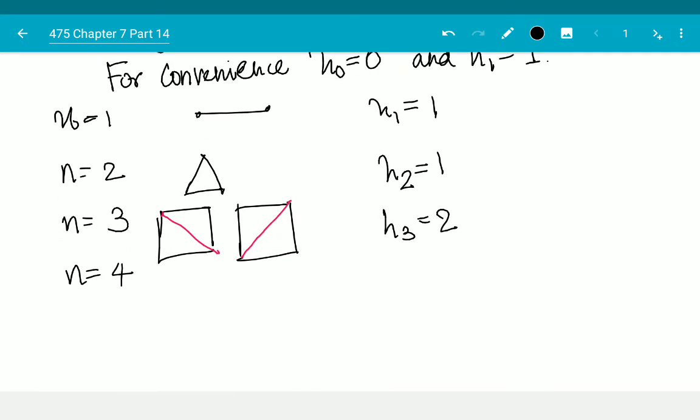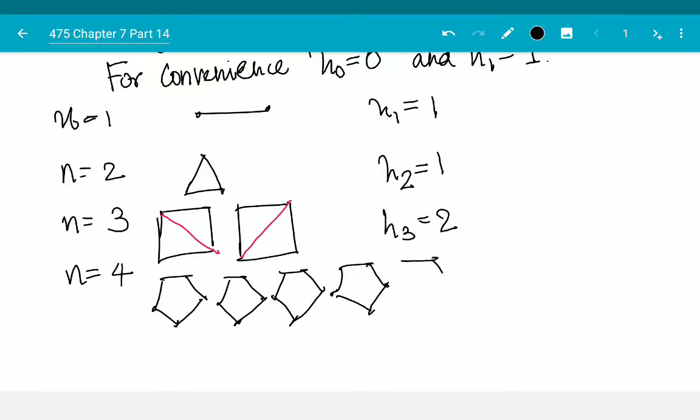n equal to 4 is a pentagon, with vertices 1, 2, 3, 4, and 5.